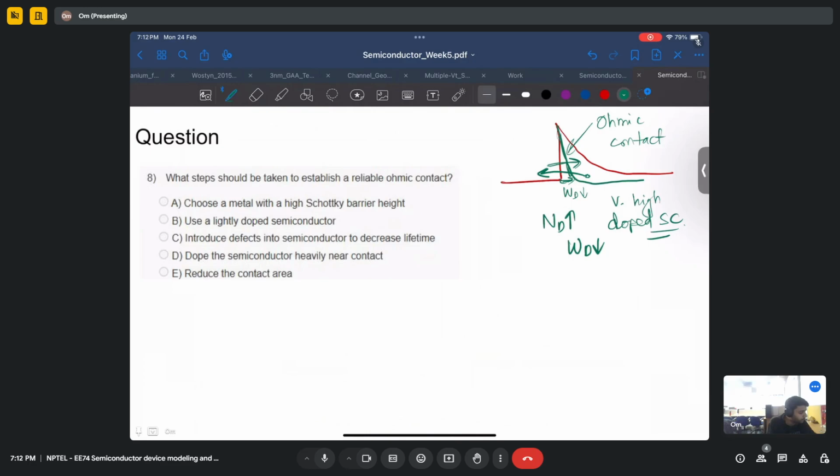That will make the contact ohmic. So what we have to do is dope the semiconductor heavily near the contact. That is the usual practice when we make semiconductor contacts in the industry for transistor devices.